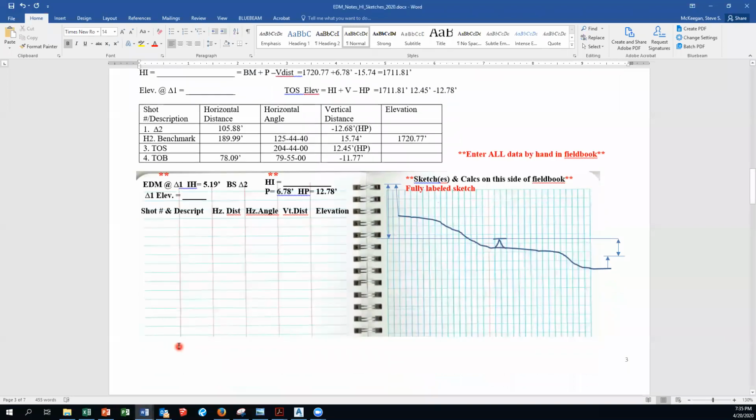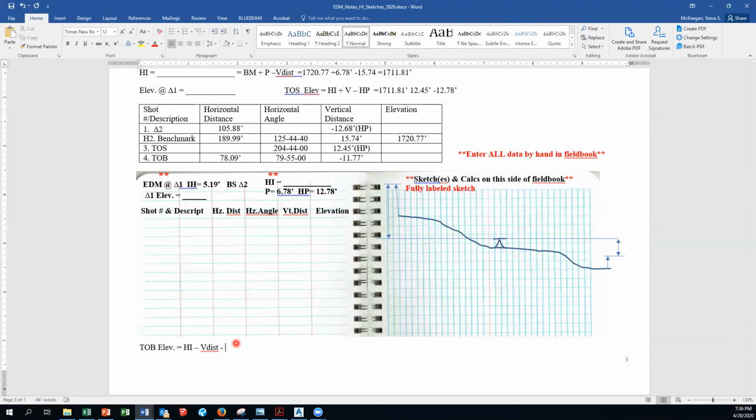Tell you what, we'll put it down here. So the HI is, so this is going to be TOB elevation. Get rid of these underlines and get rid of the bold. So TOB elevation is equal to the HI minus the vertical distance. Okay. The HI elevation minus V minus the prism height.